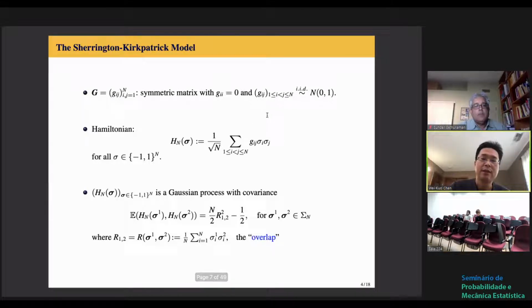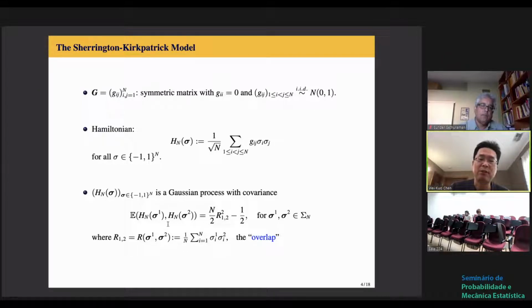In this case, of course, this is a sum of normals, so the outcome will again be a Gaussian process. If this is a Gaussian process, then we can compute the covariance. It's pretty straightforward. It's given by the square of R12, and this R12 essentially measures the similarity between sigma 1 and sigma 2 on average.